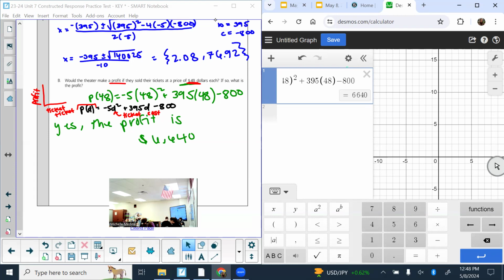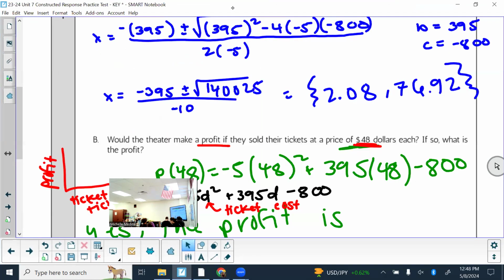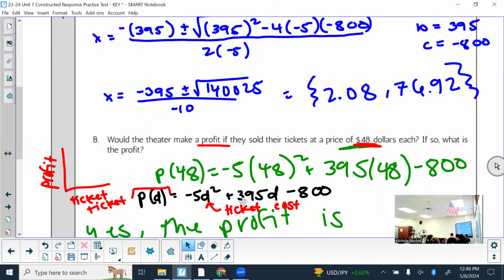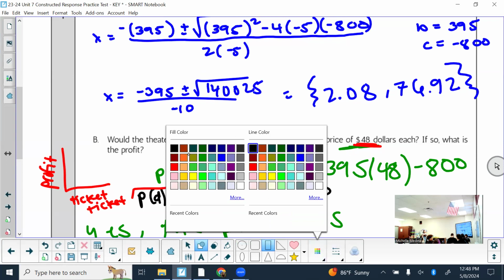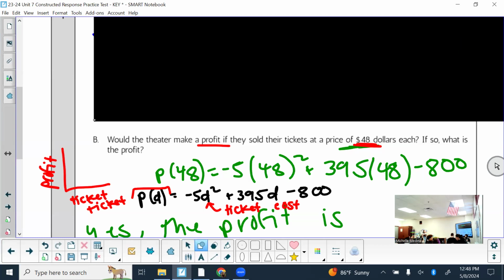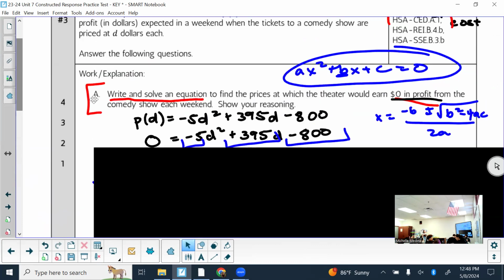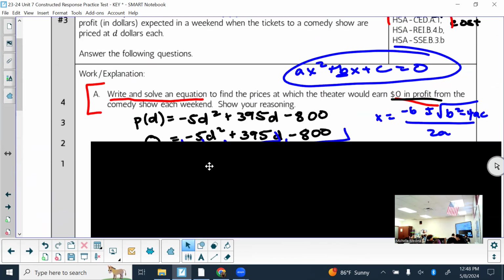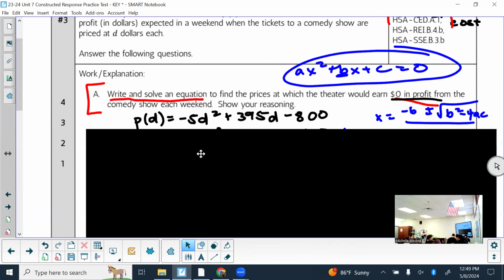Okay, part A of this question. So let me cover this. We are writing and solving an equation to find the prices at which the theater would earn $0 in profit from the comedy show each weekend.